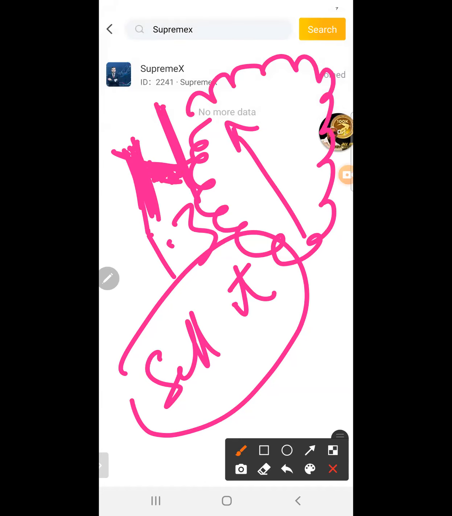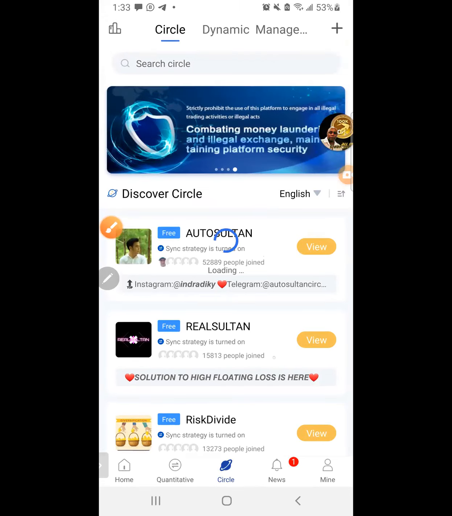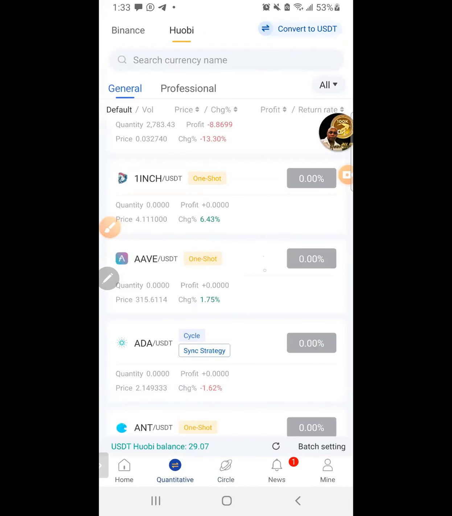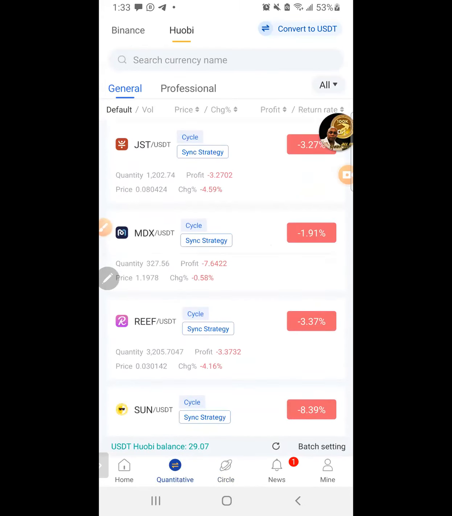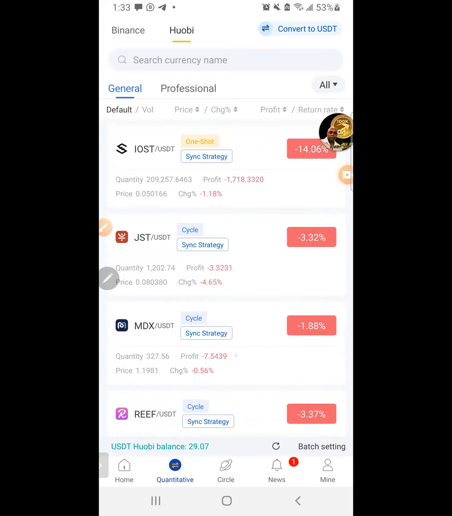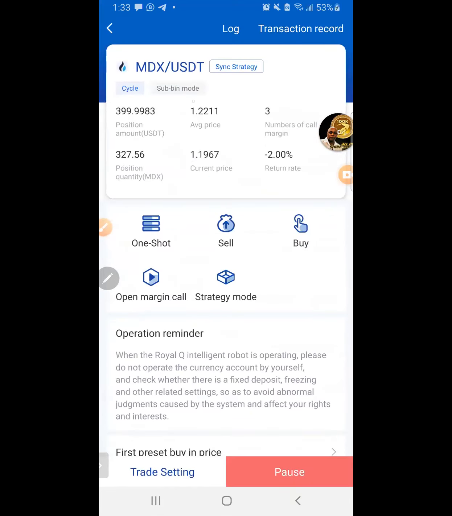Manually add the amount, correct? Add more amounts. Yes. Okay. Only add more when there is a red signal, when it's red. So once you open it, it gives you this, click on it, add to it.